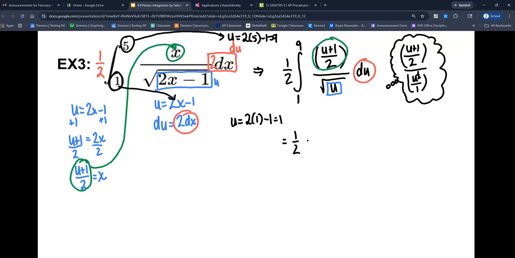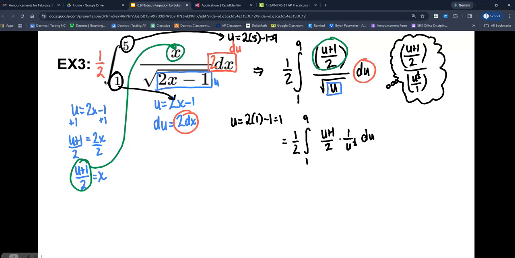So I got 1/2 integral from 1 to 9. All that stays. I'm going to have u plus 1 over 2 times 1 over u to the 1/2, and du is still there.